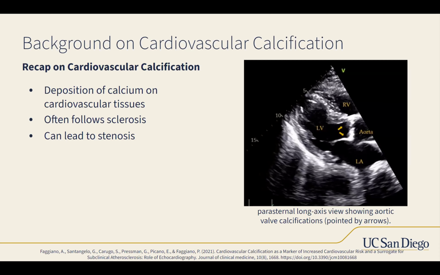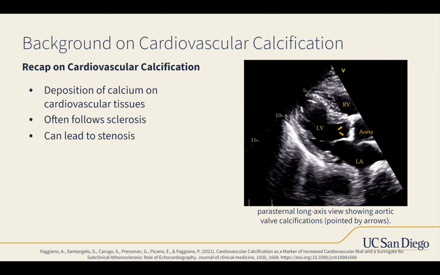First, a quick recap of cardiovascular calcification. It is the deposit of calcium in the cardiovascular system, particularly around areas where high mechanical stress happens, like the heart valves, or anywhere with turbulent flow.